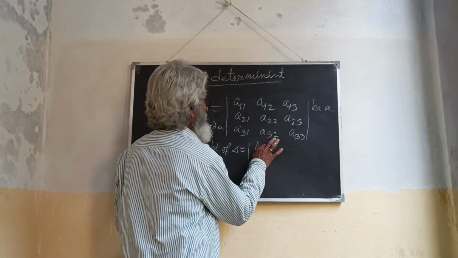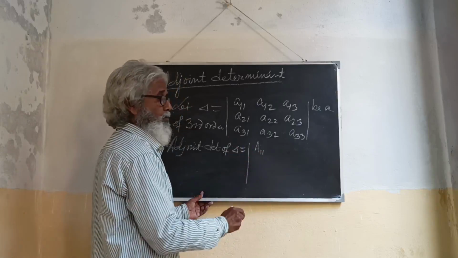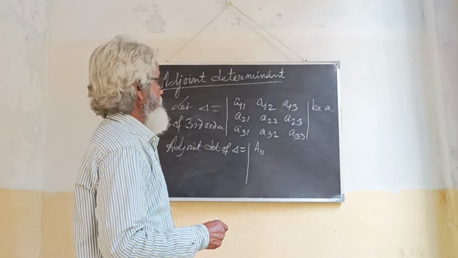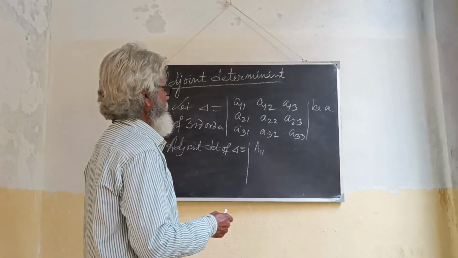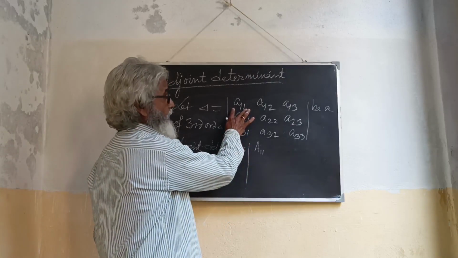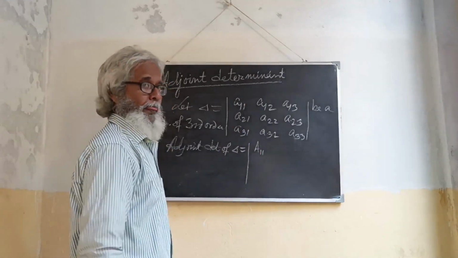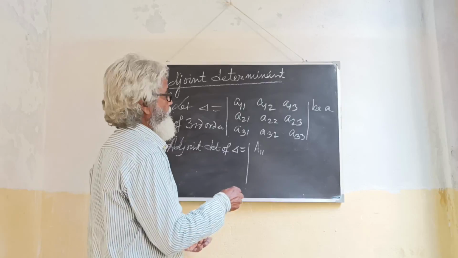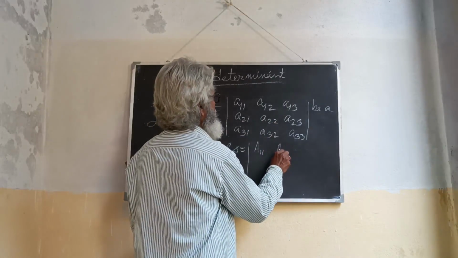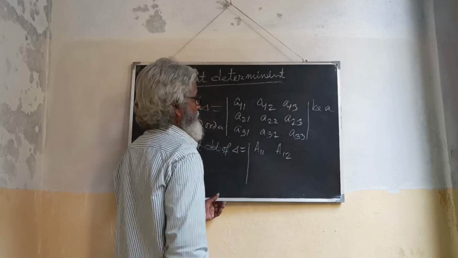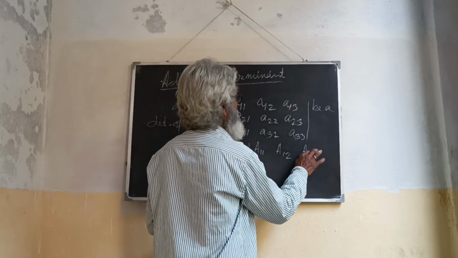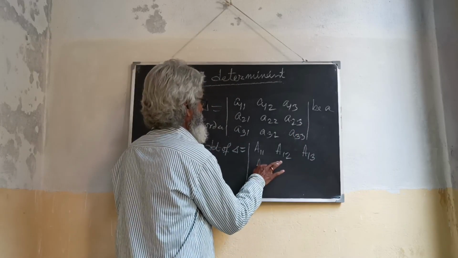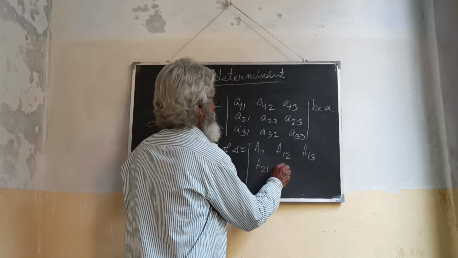A11 by notation, and the value we have already discussed in my earlier video. So you at first obtain its adjoint and put here. Omit the original element given in the determinant. You omit this and replace this by its adjoint. Omit this, and likewise.